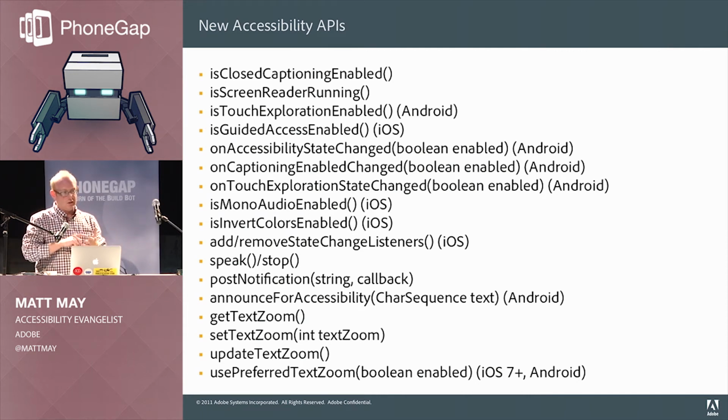It used to be you could only move sequentially through an Android application, but you can test for that. Guided access is kind of like the opposite of that. It sets different rectangles that you can't escape with your finger. You can test to see if that's enabled. You can capture different events, like if the accessibility state has changed.